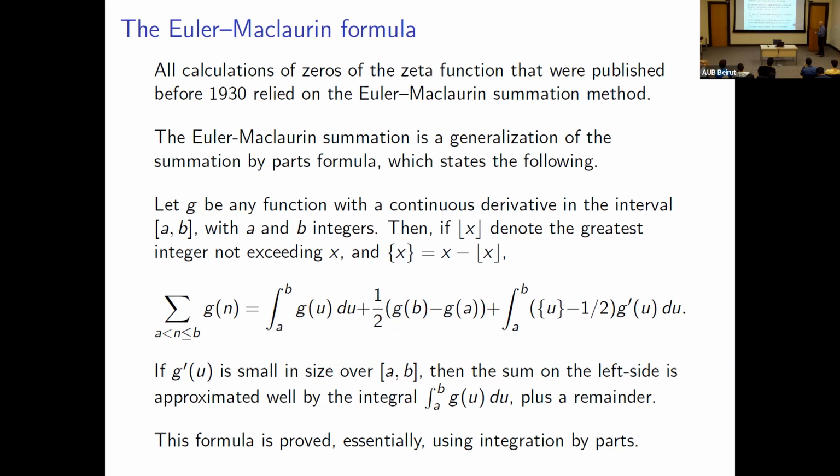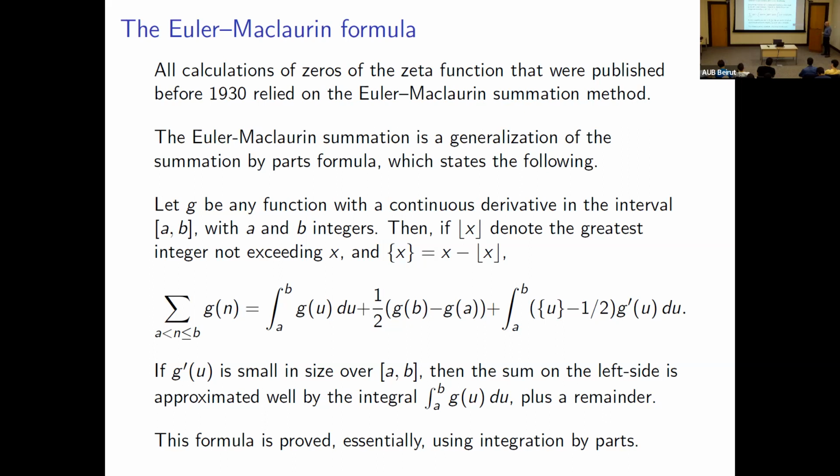You look at a continuous function over an interval a to b, and you assume that this function is differentiable. You define these things in the usual way. So this is the floor of x, and this one here is the fractional part of x. Then under these assumptions, and you assume a and b are integers, there's a form of this where a and b are not assumed to be integers, but we don't need it.